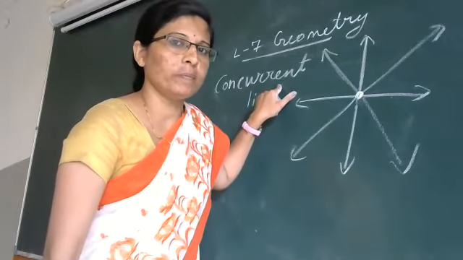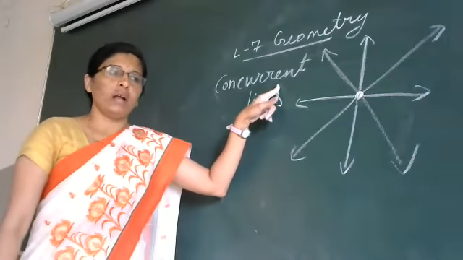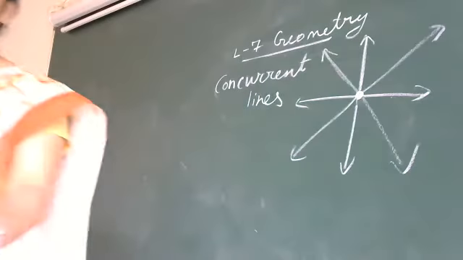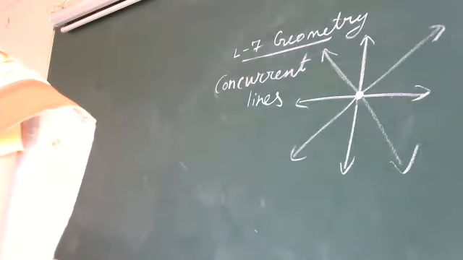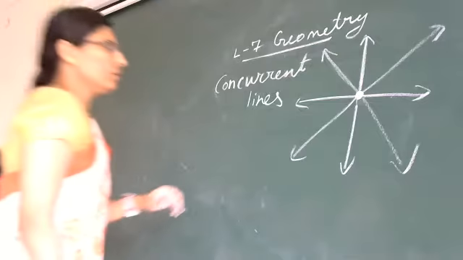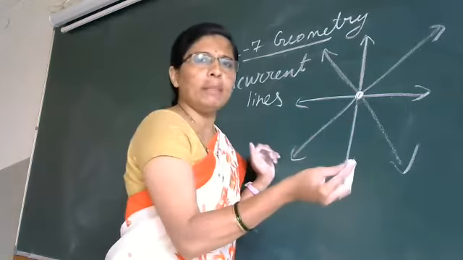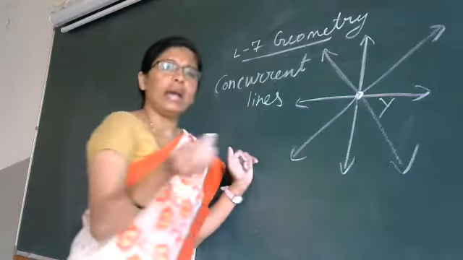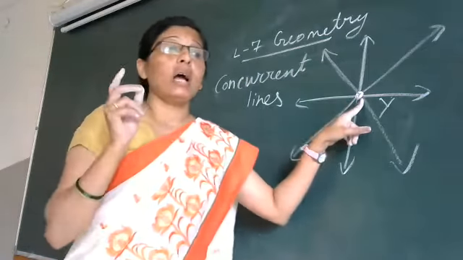Concurrent lines, understood? Ma'am, can we learn the alphabets? Like we used to name a point, this point we can name any alphabet. X, Y, any alphabet.